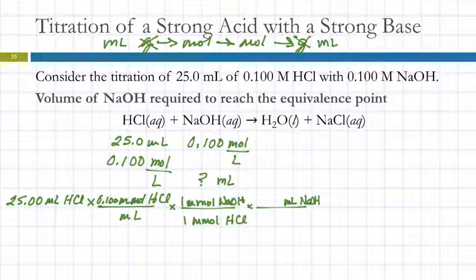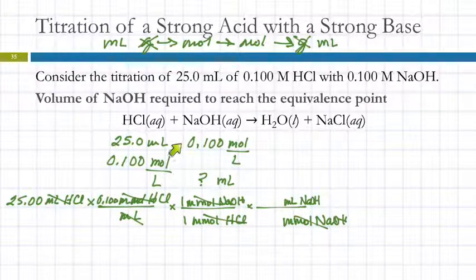And then here at the end, let's check our units. I've got milliliters canceling, and I've got millimoles canceling. So I need millimoles down here, so that the millimoles are going to cancel out and give me volume in milliliters.